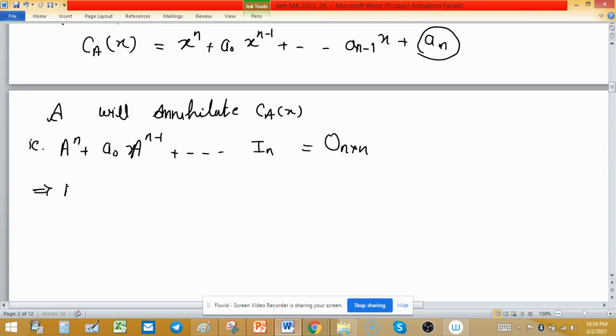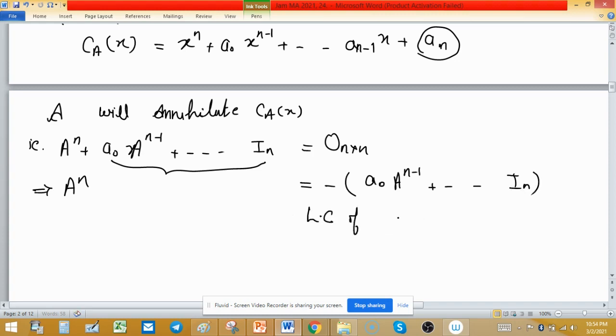This implies A raised to the power n can be written as minus of all the other terms: a naught A raised to the power n minus 1 and so on, plus the identity matrix. And this is a linear combination of some elements of a spanning set.